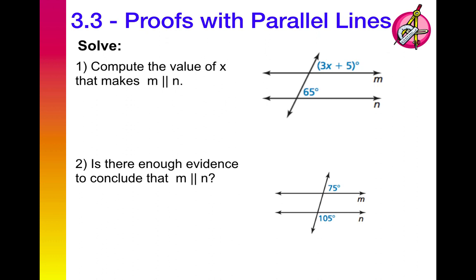The answer is yes, we do have enough information, because 75 degrees and this angle on the other side here are supplementary, and that supplementary angle is 105. This angle and this angle are corresponding angles, and they're both congruent. Therefore, we can conclude that m and n are parallel.